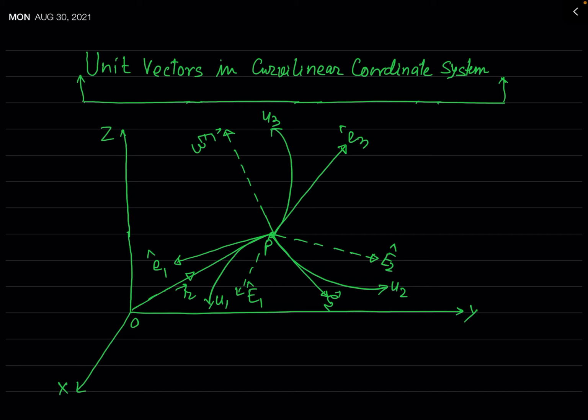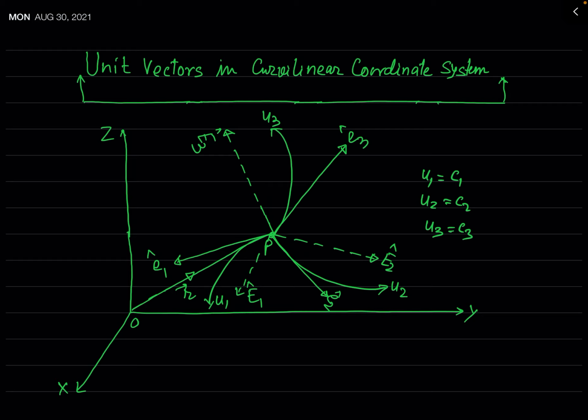Actually, how are these curves obtained? I have not shown it in this figure, but in the previous lecture you have seen there are three surfaces defined by the equations U1 equal to C1, where C1 is a constant, U2 equal to C2, where C2 is another constant, and U3 equal to C3.